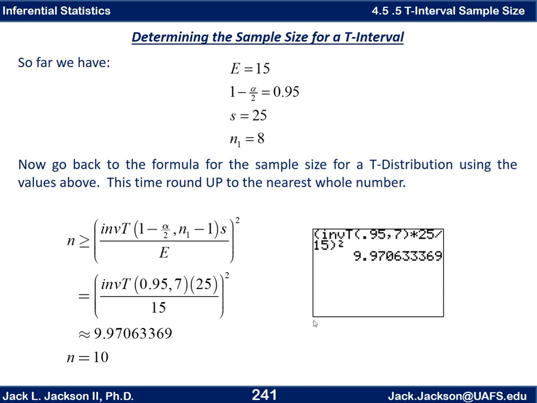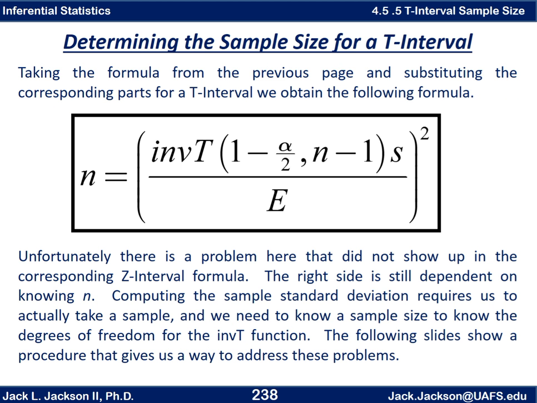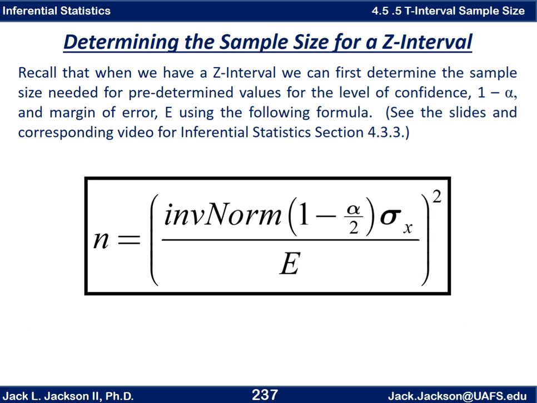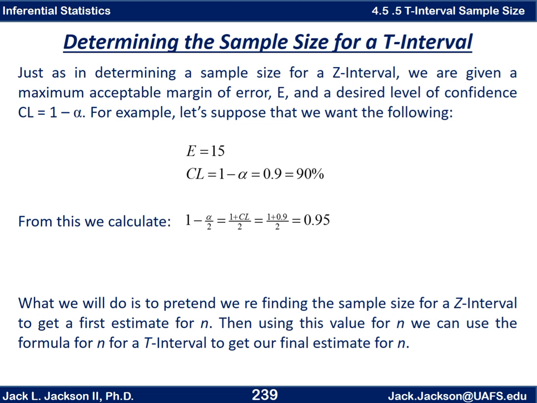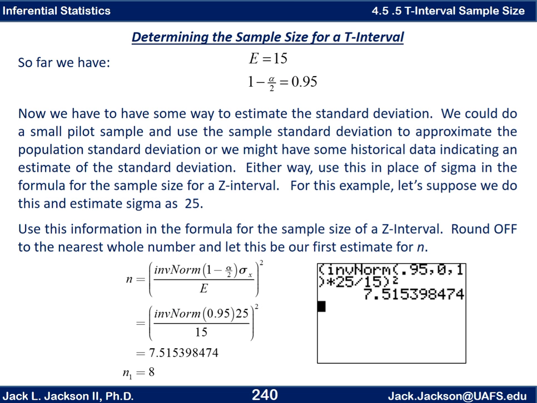So that's our method for finding a t-interval sample size. Let's review real fast. We want to use this formula, but we can't really do it straight out, so we use the formula for a z-interval. We decide on some confidence level and error that we're willing to accept, use the formula for n, and round it off to 8.